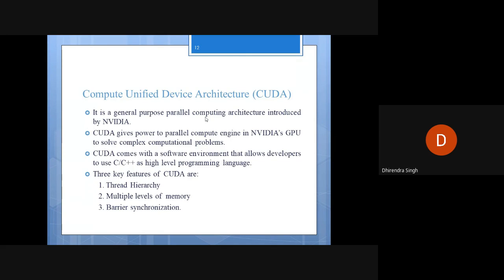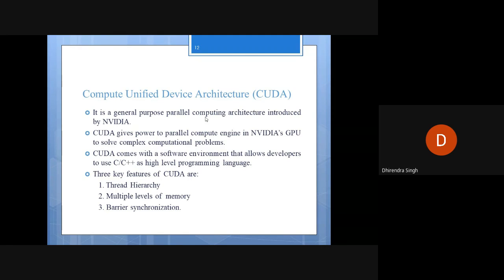So what is this? This is called the Compute Unified Device Architecture. It is a general purpose parallel computing architecture introduced by NVIDIA. NVIDIA introduced it when the GPU computing concept came into the picture. Initially people were using GPUs for gaming, but after some time, people started using GPUs for general purpose computing. Then the concept came of how we can use GPUs for general purposes in an efficient way.